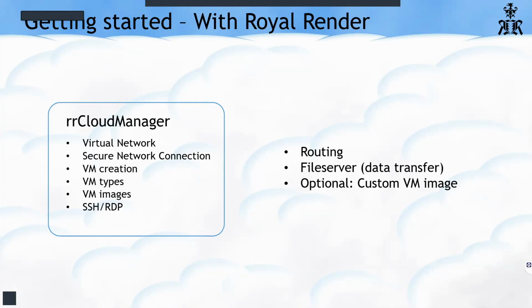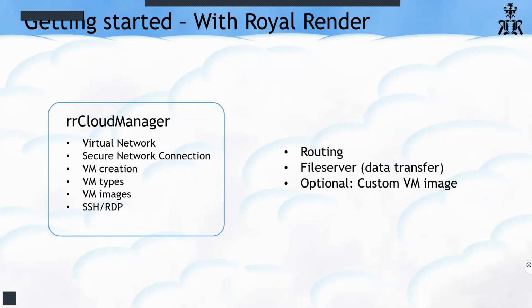There are a couple of things yet that you still have to do manually, but I would say you have to do it either way. You need to care about your routing on site, depending on how your network topology is. You have to have a file server, and you have to make sure that your data is transferred into the cloud so the cloud clients can access all the data.